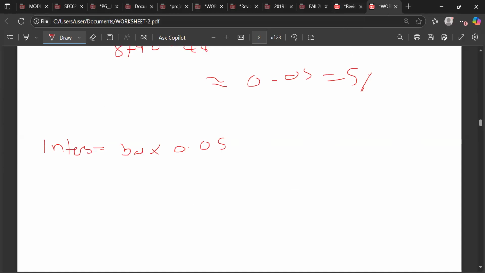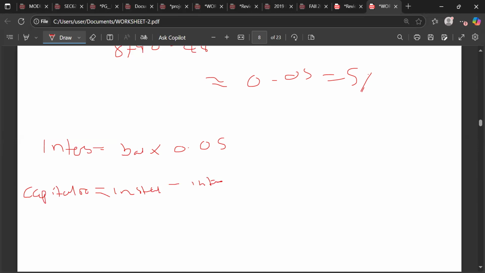So what we're trying to do in this case now. If this is our formula, the other one is going to be capital repayment. So capital repayment will be equal to your installment minus interest.